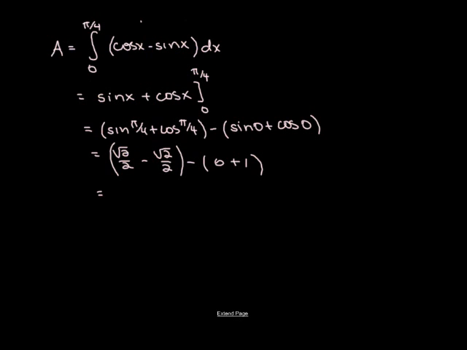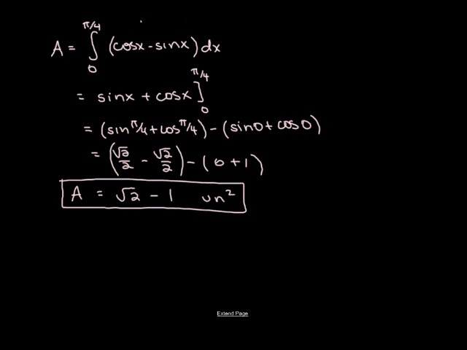So that gives us an exact answer of square root of 2 minus 1. And then from there, if you needed a decimal, you could get a decimal. So this would be about 0.414.